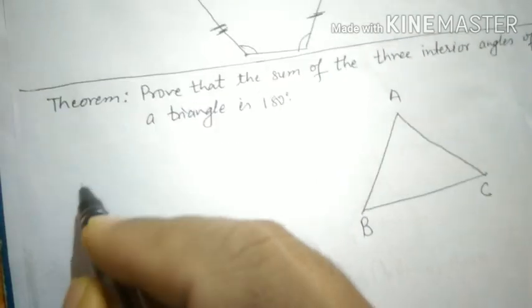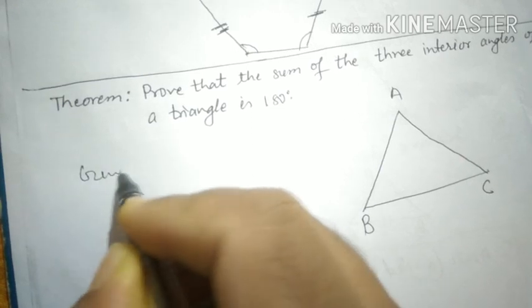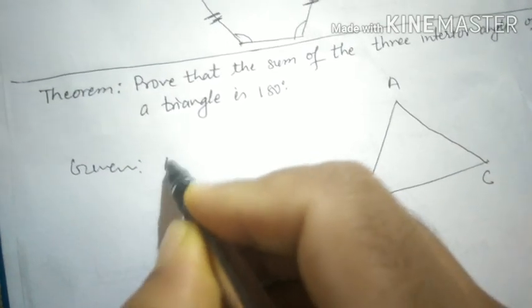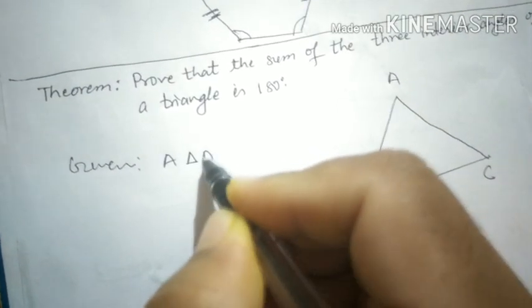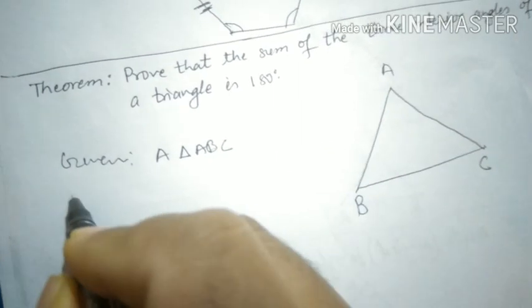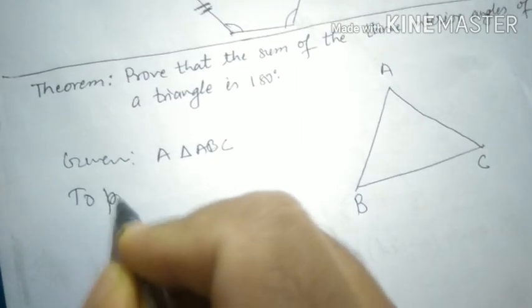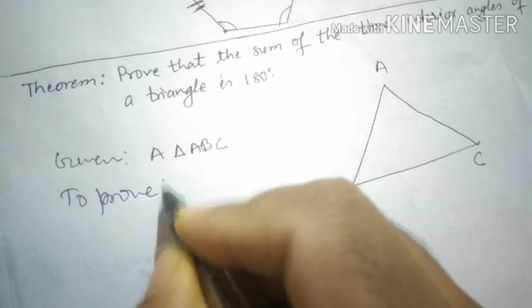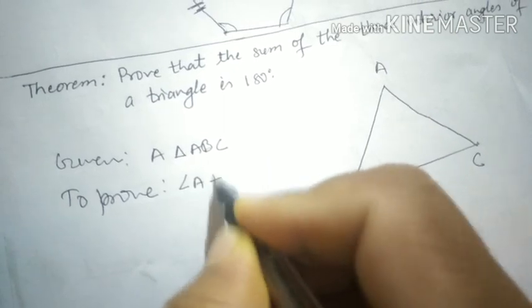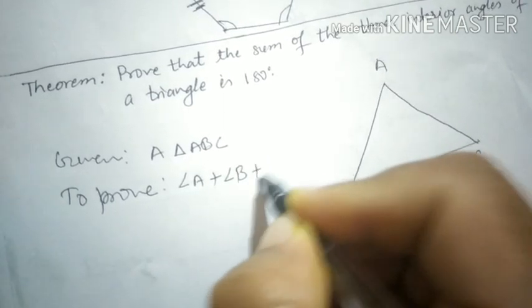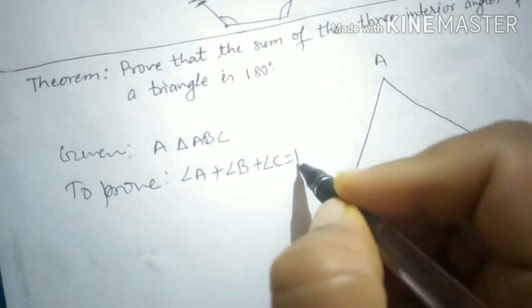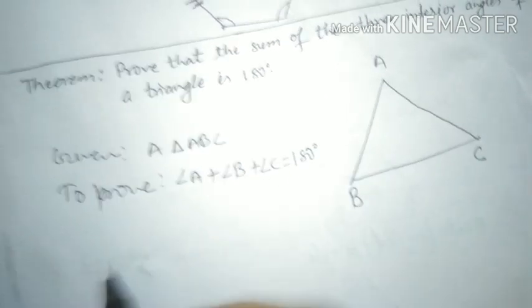Given a triangle ABC, to prove: angle A plus angle B plus angle C equals 180 degrees.